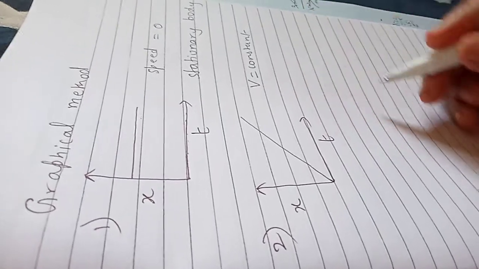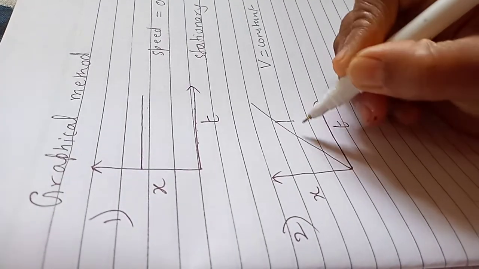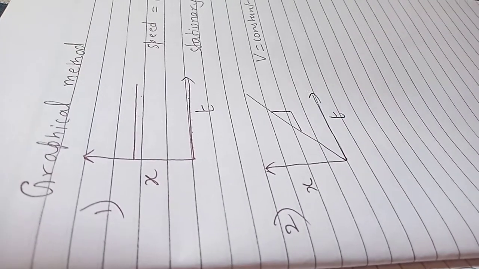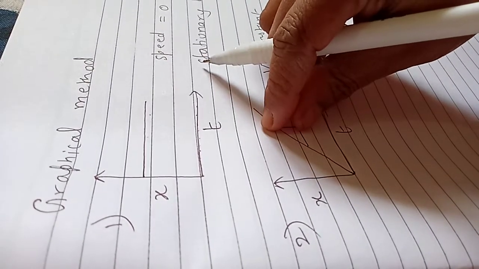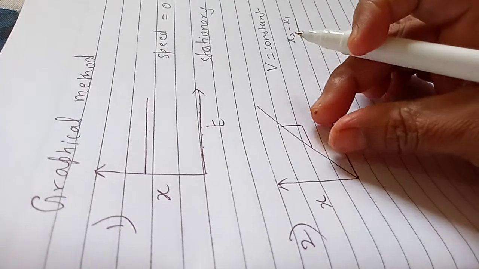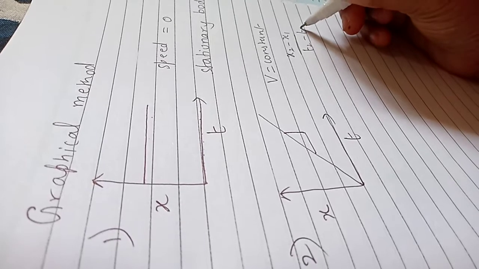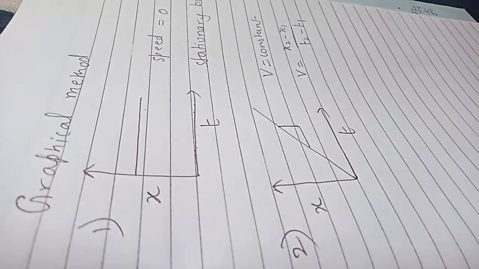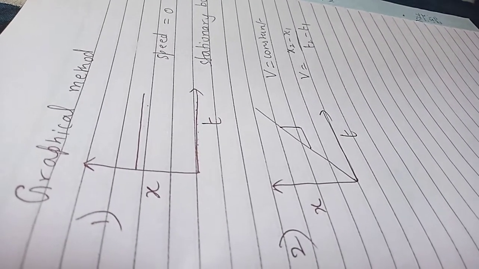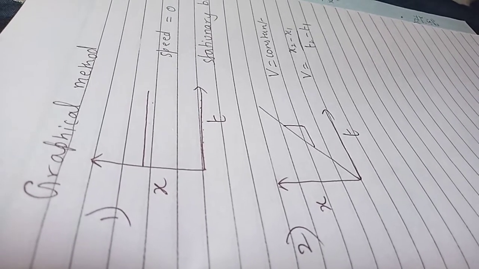Means the velocity is constant. And how do you obtain velocity? You find the slope: change in y coordinates divided by change in x coordinates gives you the velocity. Here the velocity is uniform or constant. Are you okay?